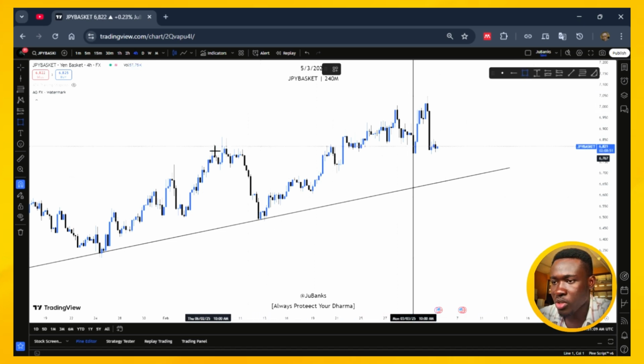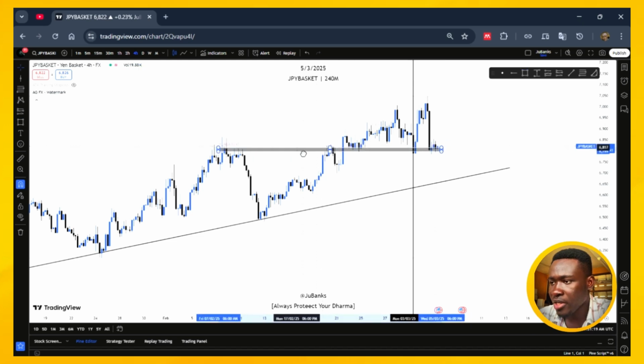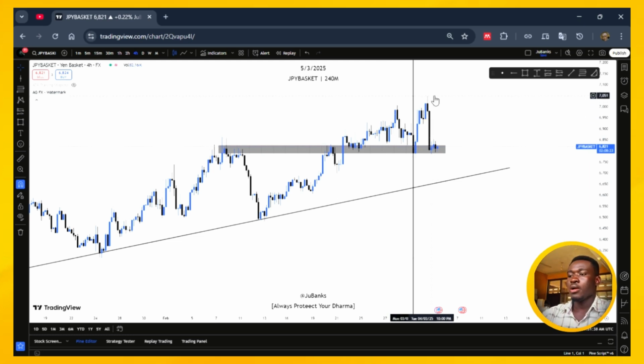You can see it broke this higher high, retested it, and then moved to the upside. So this was basically a break and retest strategy.